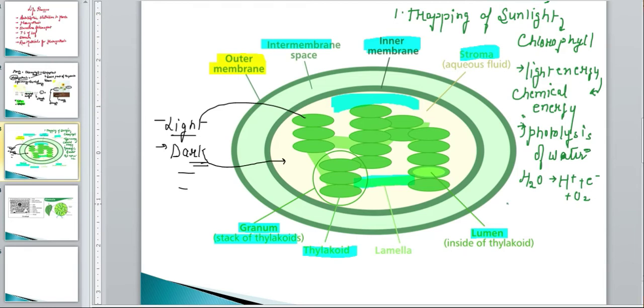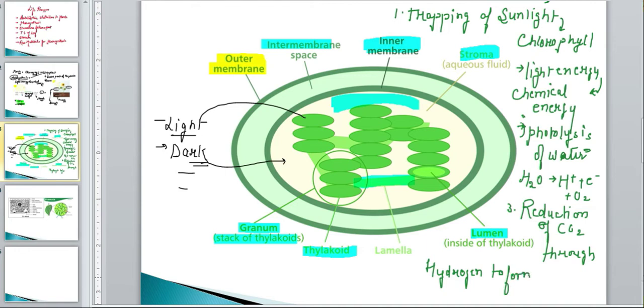This is the second point of the summary. And third is the reduction of CO2 through hydrogen to form C6H12O6.